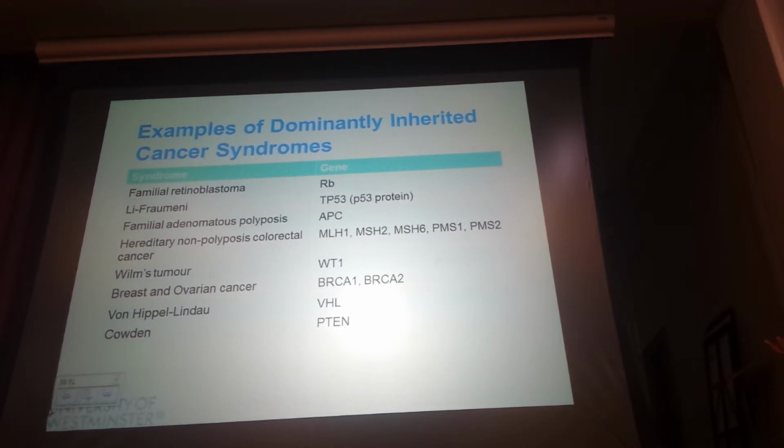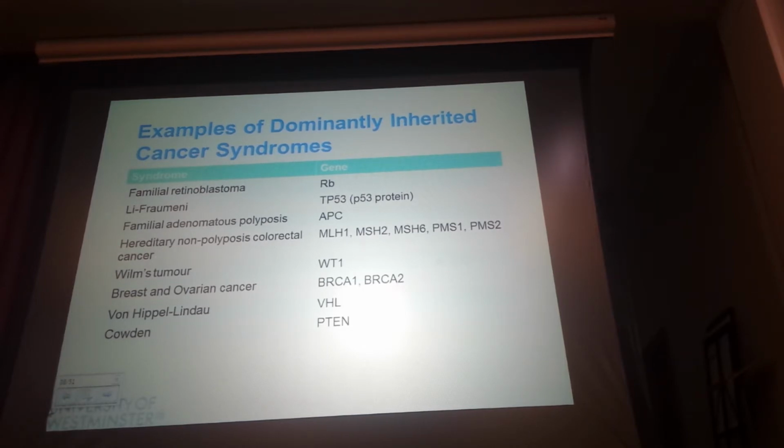So P53, again one of these really major tumor suppressor genes, is found mutated at the germline level, and it causes a syndrome which is called Li-Fraumeni. In Li-Fraumeni, you have lots of different types of cancers, and you can have some of these bone cancers, osteosarcoma.